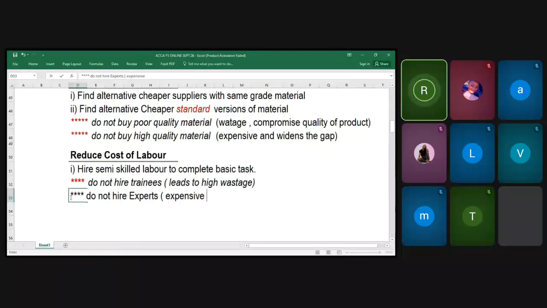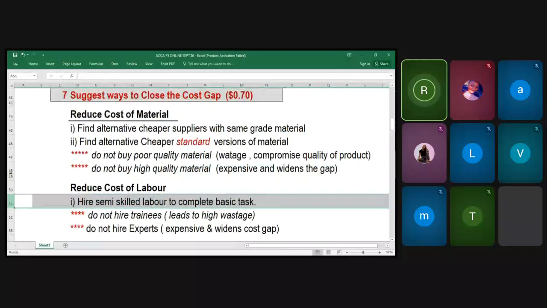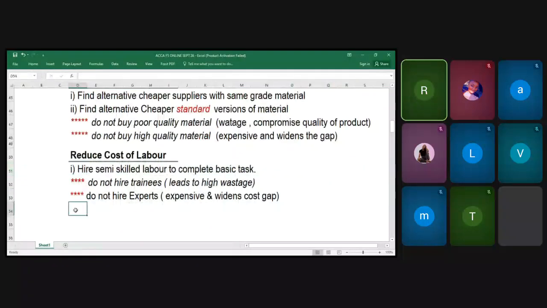Yes, of course, it's quality labor, but they are expensive and widen the cost gap. This will widen our cost gap. So we are not going to hire experts as we look forward to closing the cost gap. All right. I hope you guys are understanding.